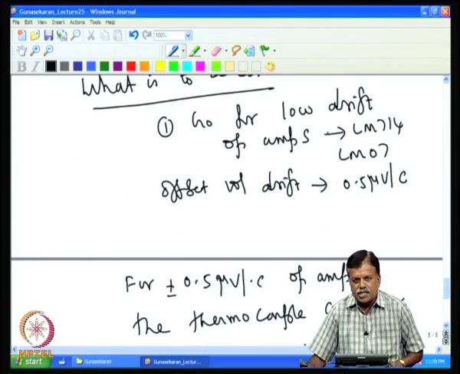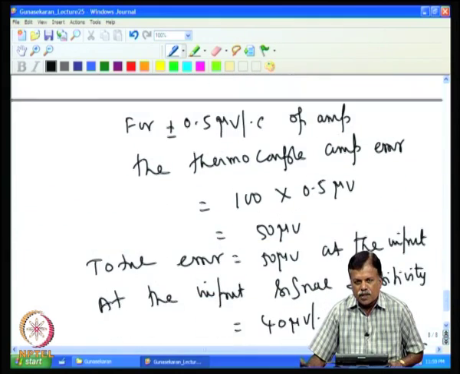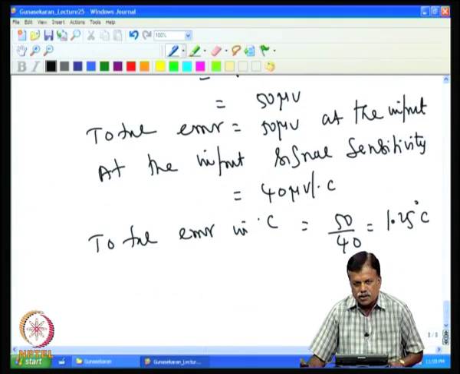So, one cannot say what is the actual drift for a particular piece. One has to take the worst case drift and assume that is the worst error that I will get out of all these instruments. There is no other thing that can be done to reduce the offset voltage drift.